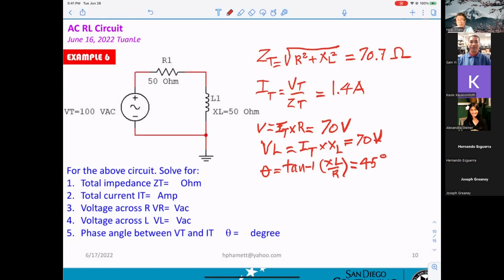Basically, if you now understand the formula, the calculation is not a problem. So for this example number 6, any question, if it's still not clear to you?